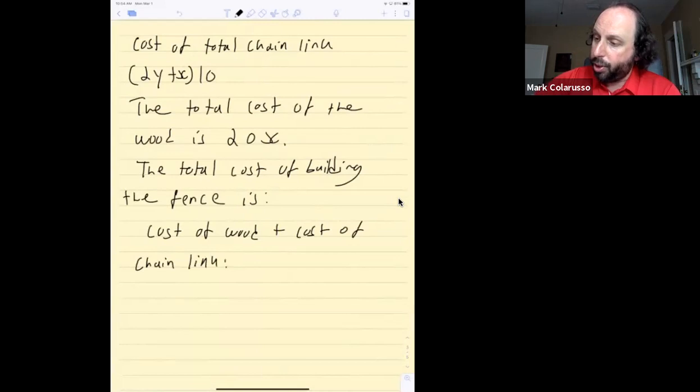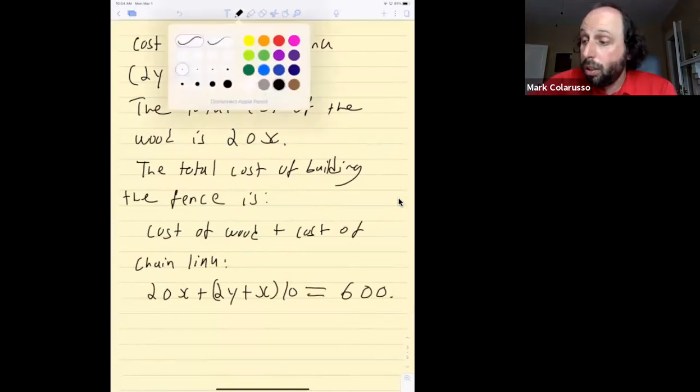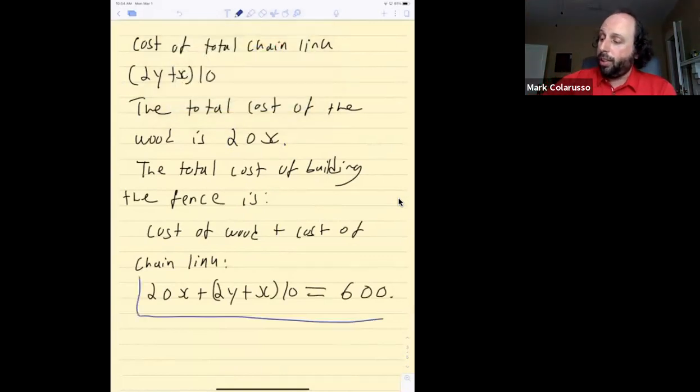And that comes out to just adding this equation with this equation. So it's 20x plus 2 times y, plus 2 times y plus x times 10. And that has got to equal 600. So that's the constraint equation. The total cost has to be 600. That's our budget.